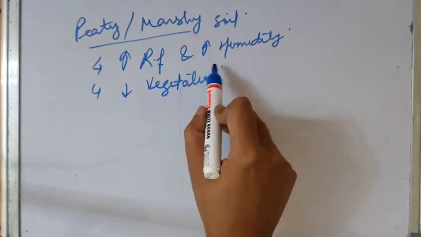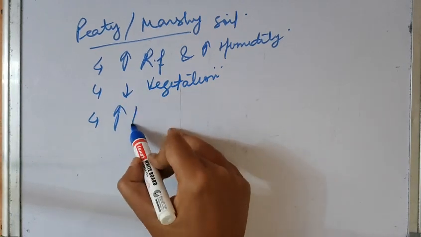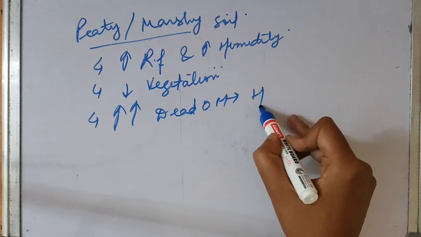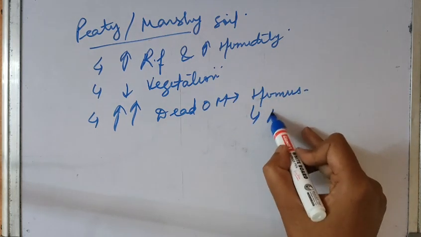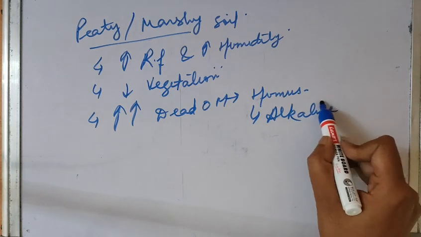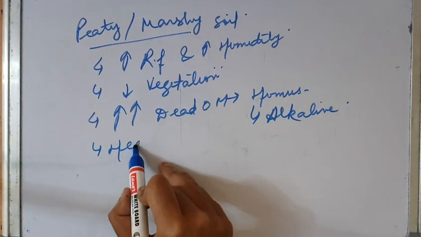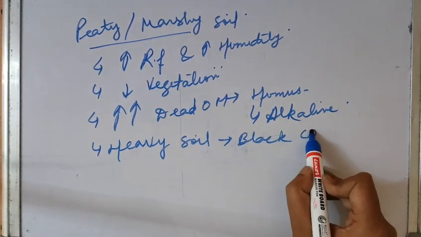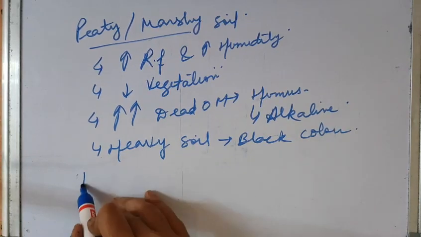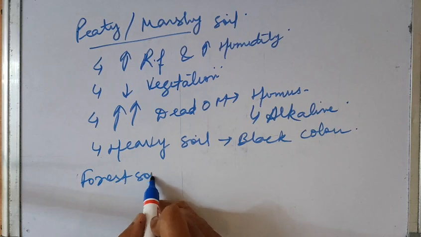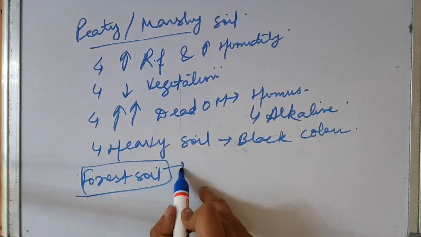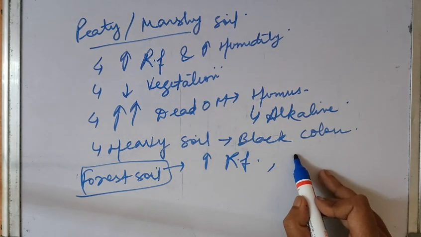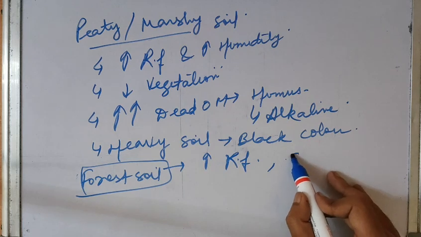Peaty soils have very large quantities of dead organic matter or humus, which makes the soil acidic. It is a very heavy soil with black color. Forest soil. It is found in areas of high rainfall where we see mainly forest. The soil is mainly acidic.